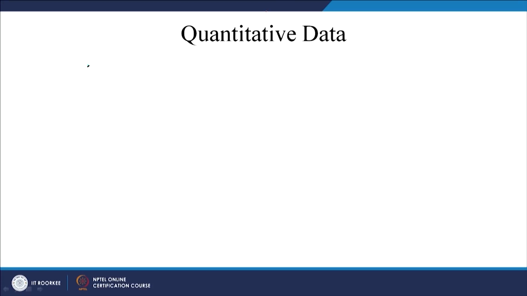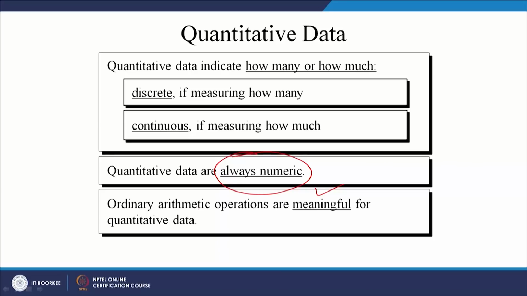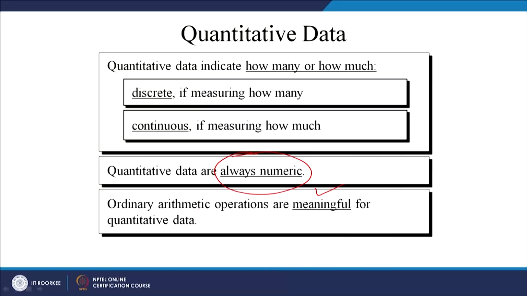If you look at quantitative data, of course, they always have to be numeric, isn't it? Quantitative data again can be discrete or continuous. We have already seen discrete data and continuous data. Ordinary arithmetic operations are meaningful for quantitative data. You can't find out, let us say, the mean of qualitative data, right. For example, red and blue, what is the mean?